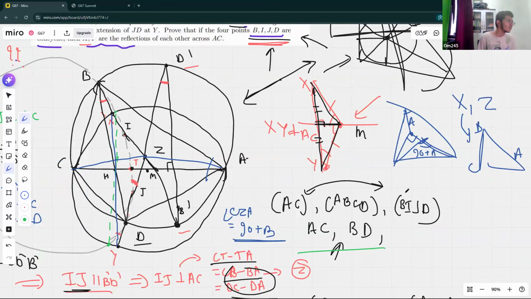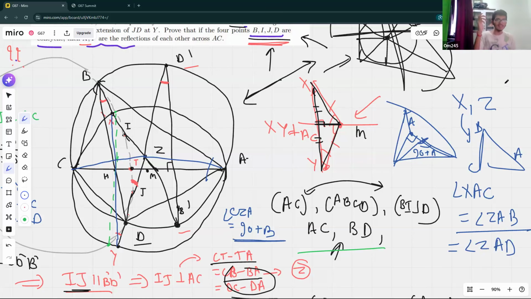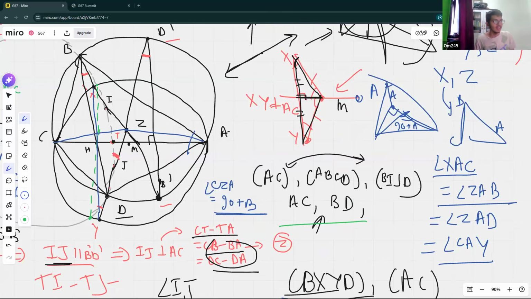Then what you get is angle XAC is equal to angle ZAB, but Z is the incenter, so this is also angle ZAD, and by the same logic we get Z and Y are isogonal conjugates in DAC, and that's why this angle is equal to angle CAY. We get angle XAY equal to CAY, and these angles are equal, so that's why we're done.